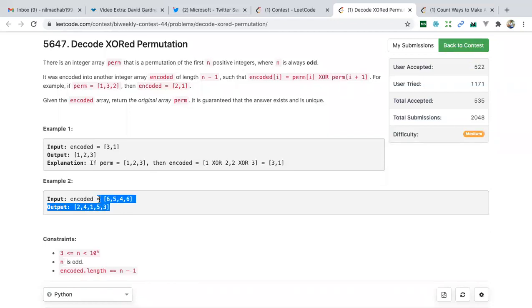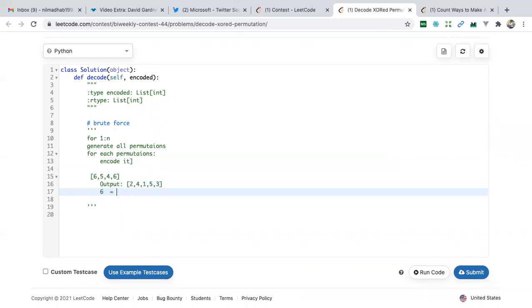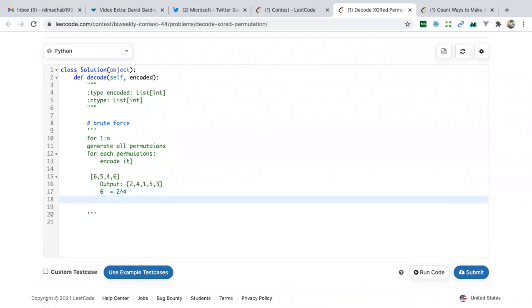Let's take this example. 6 is the XOR of 2 and 4. And 5 is the XOR of 4 and 1.